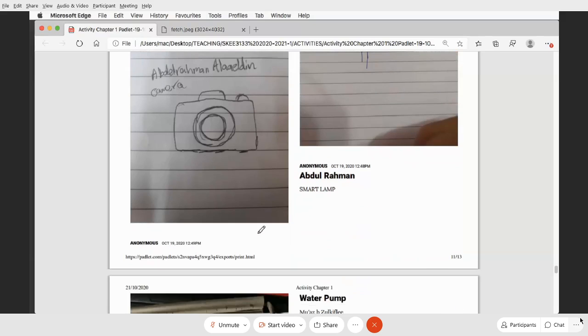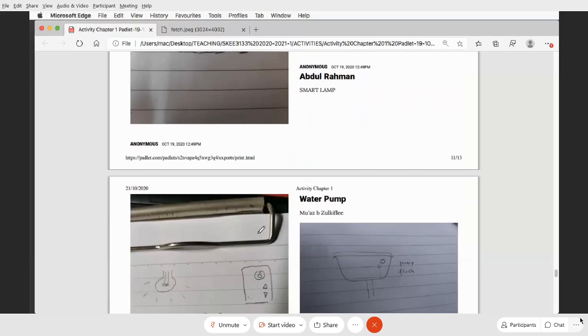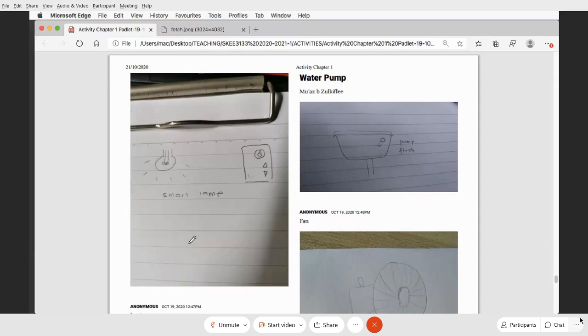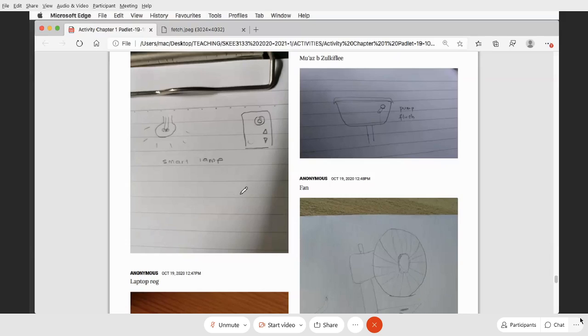So you draw back the block diagram for this system and add some more block diagrams in your paper.